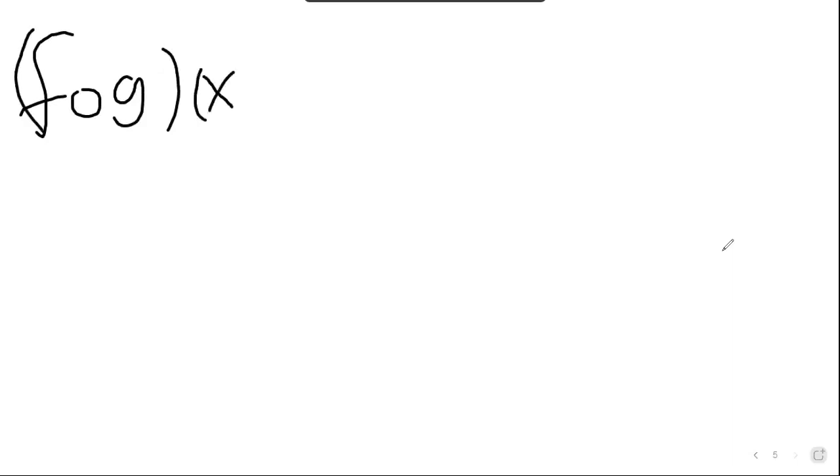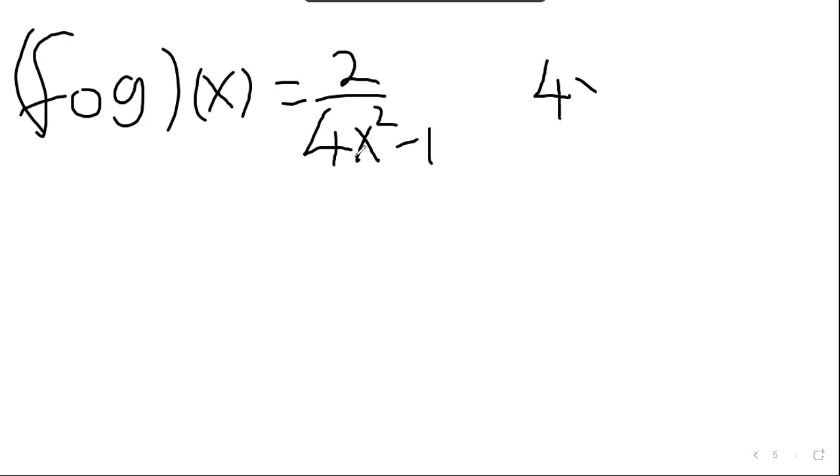Let me write it on the other page. So we have f of g of x here, which is equal to 2 over 4x squared minus 1. So here we are saying 4x squared minus 1 equals 0. We're simply looking for the value which is making this part 0 so that we factor it out.